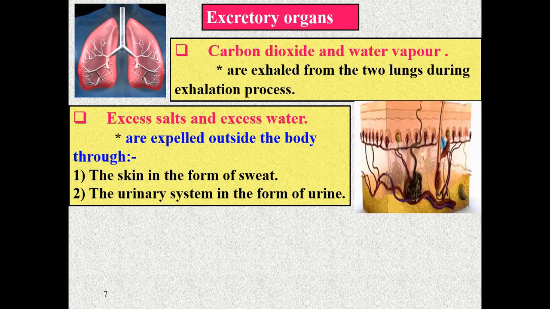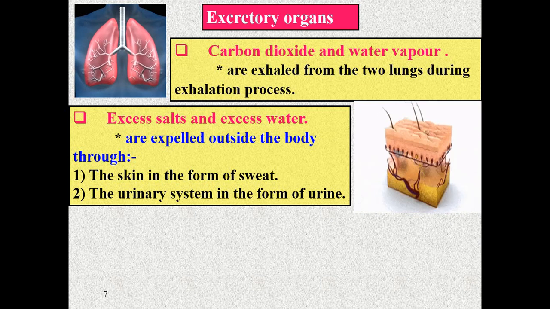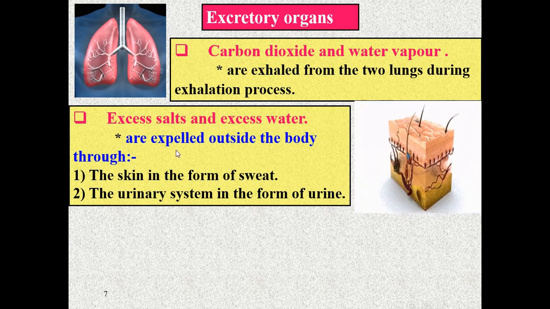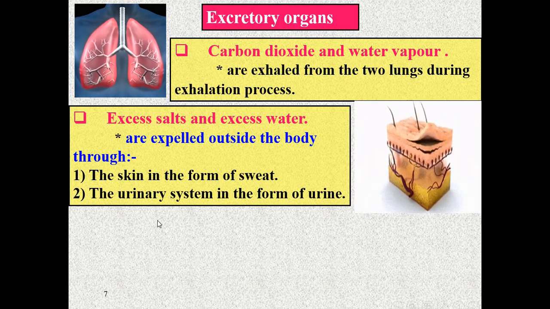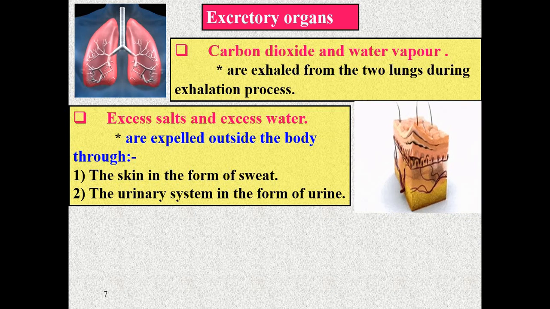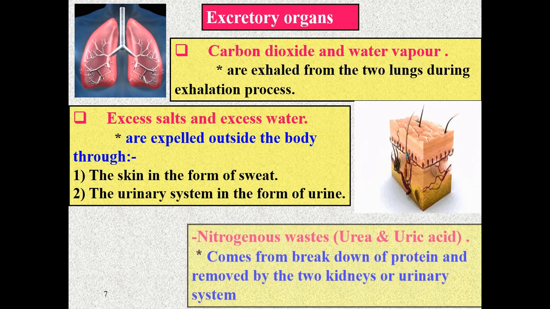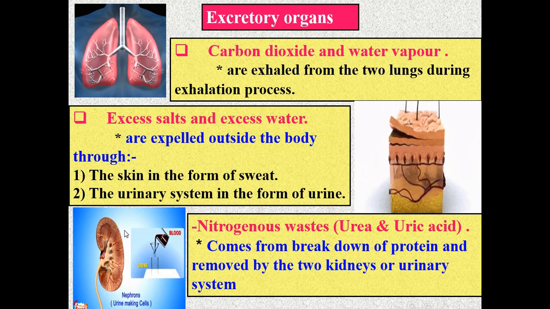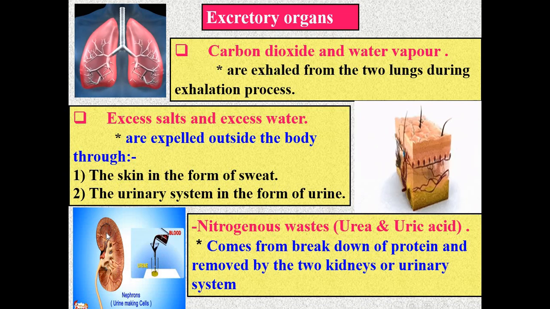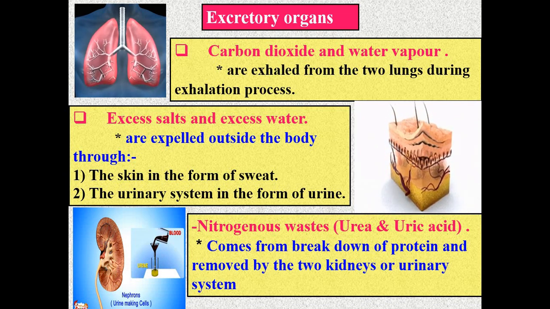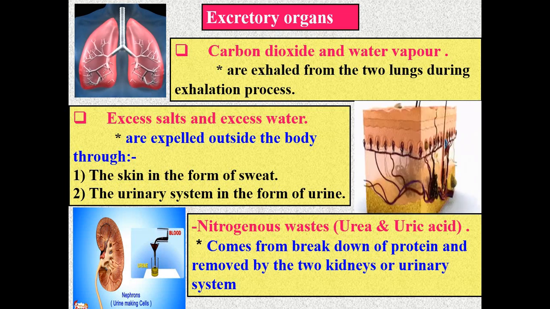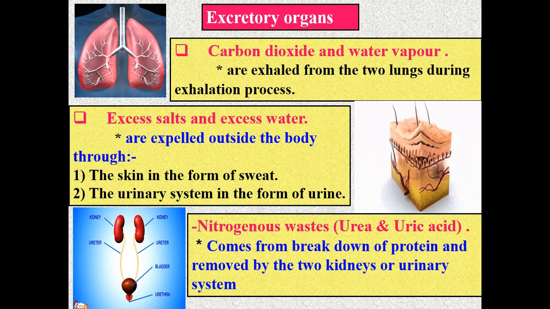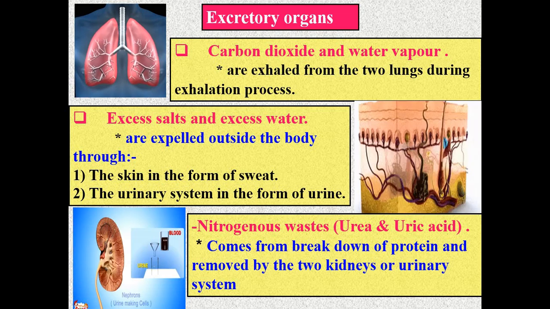When you do sport or run, you will sweat. This is excess salt and excess water in your body. Also, excess salt and excess water can go out of the body through the urinary system in the form of urine, or pee. The kidney is the important organ in the urinary system. Nitrogenous waste like urea and uric acid, which come from breaking down proteins, will go outside the body through the two kidneys, or the urinary system.